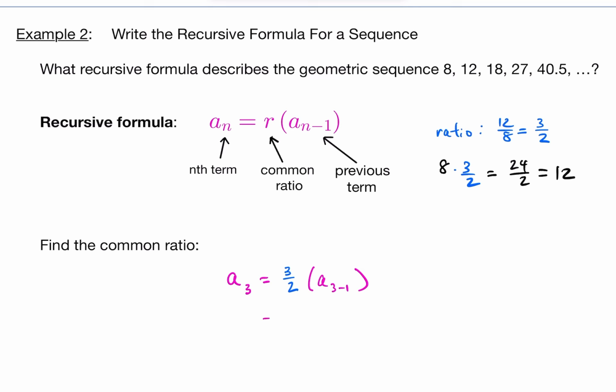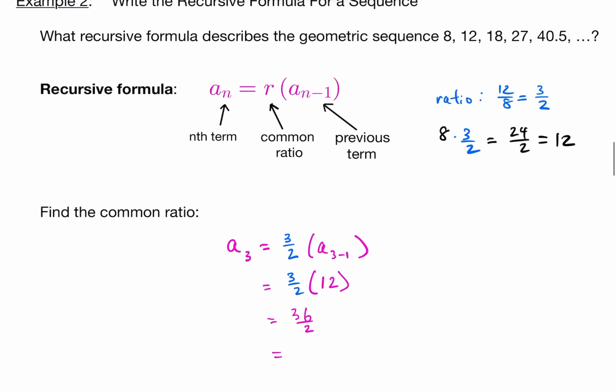So this works out to 3/2 times the second term. Well, what's the second term? Second term here is 12. So we substitute a sub 3 minus 1, the second term, which equates to 12. And if we multiply this out, this becomes 36 over 2, which is equal to 18.